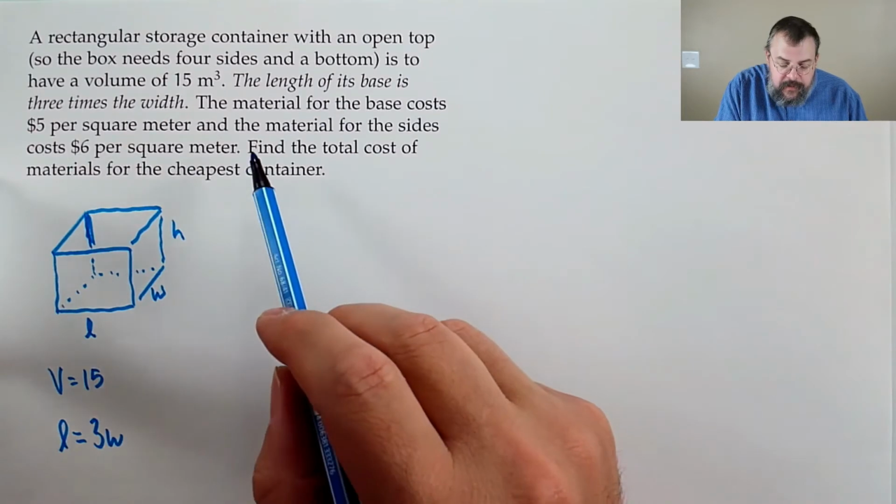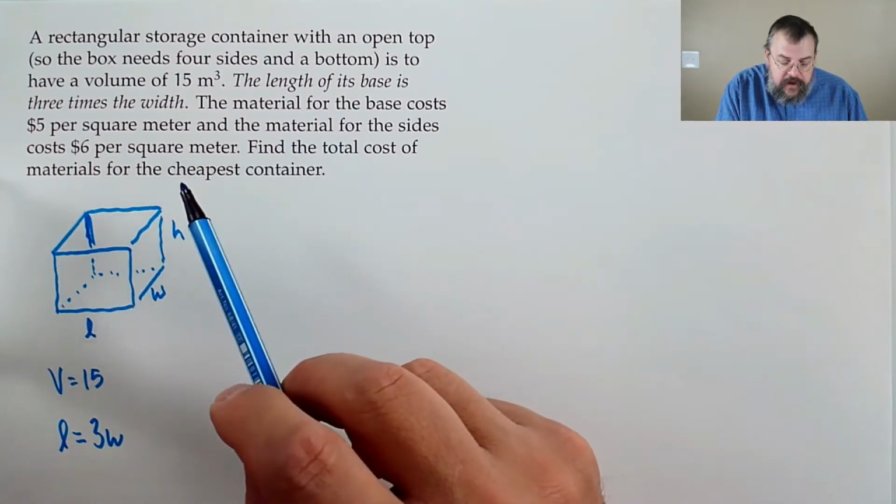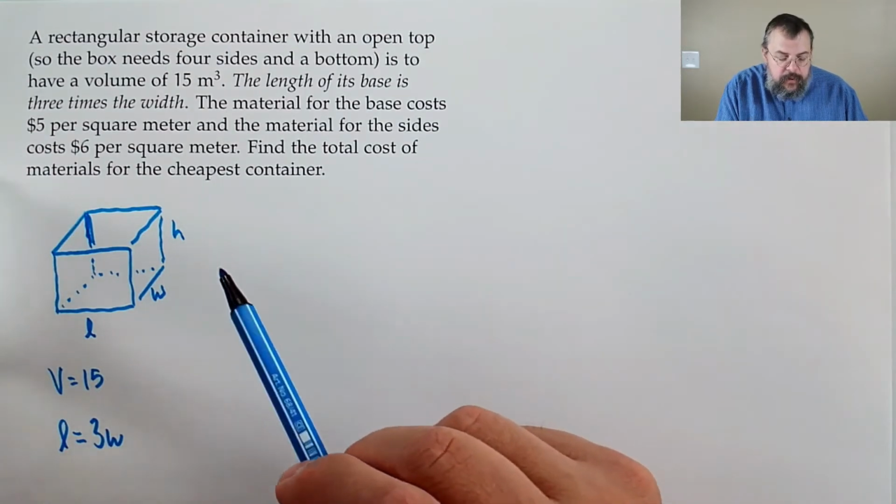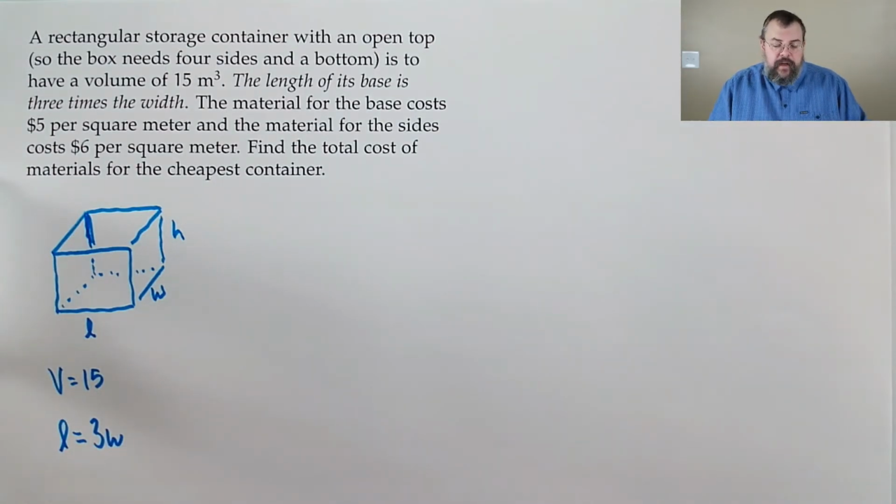Well, the material for the base costs $5 per square meter, and the material for the side costs $6 per square meter. In other words, the bottom is a little bit cheaper, maybe because we don't have to print something on the bottom. So we should make some notes about our various costs here.